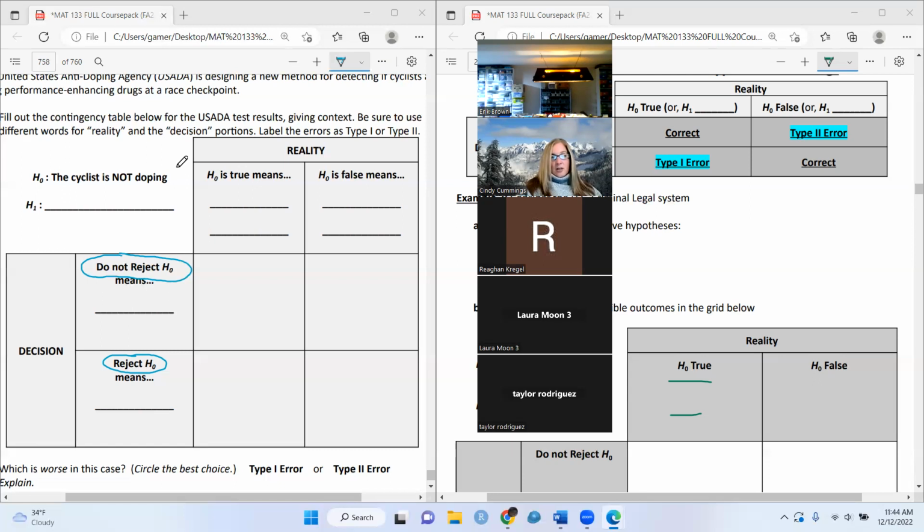So your null hypothesis in reality means this: the cyclist is not doping. If it's false, it means the alternative. So this one goes here, the alternative goes over here: the cyclist is doping. It's just the opposite of what the null hypothesis is.